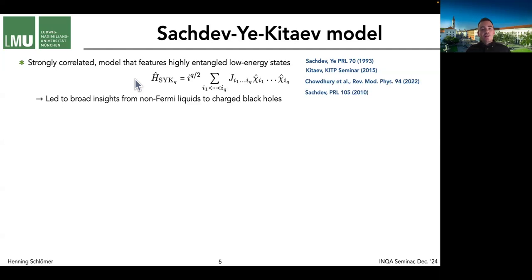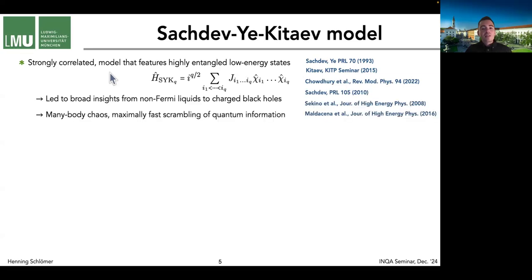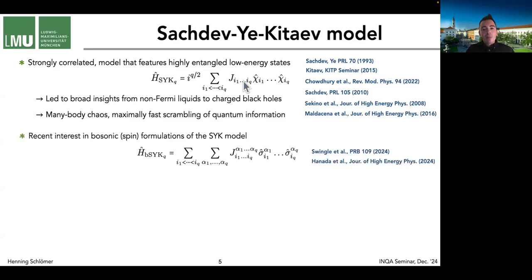And so this model has led to a large variety of insights from non-Fermi liquids to describe strange metal behavior in, say, cuprates, all the way to charged black holes. And also one thing to highlight is that it features many-body chaos in the sense that it saturates some bounds in how fast it scrambles quantum information. And so this model has been of high interest also in the field of quantum simulation.